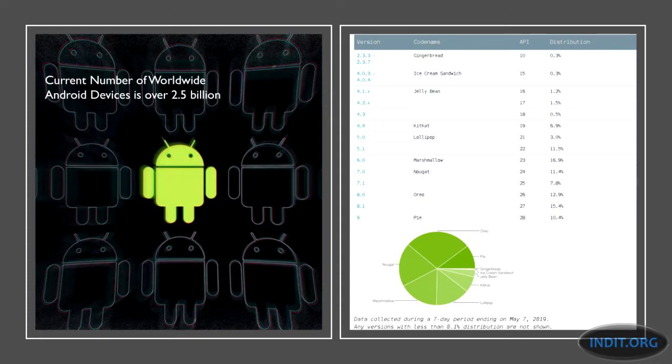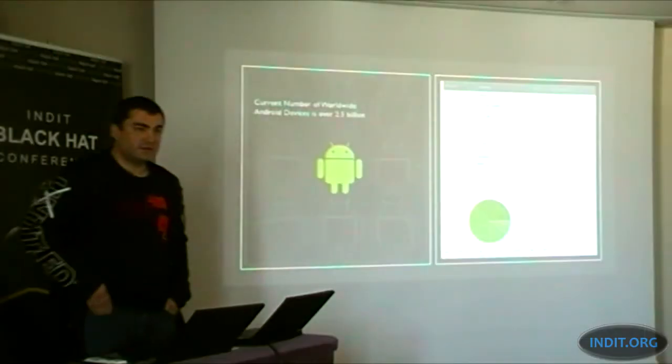Currently, all over the world, there are over 2.5 billion devices running Android. This is not only covering mobile devices, it's also covering TV stations, software for cars, vehicles in general, and so on, which, most of them, without the phones, are still running earlier versions of Android.